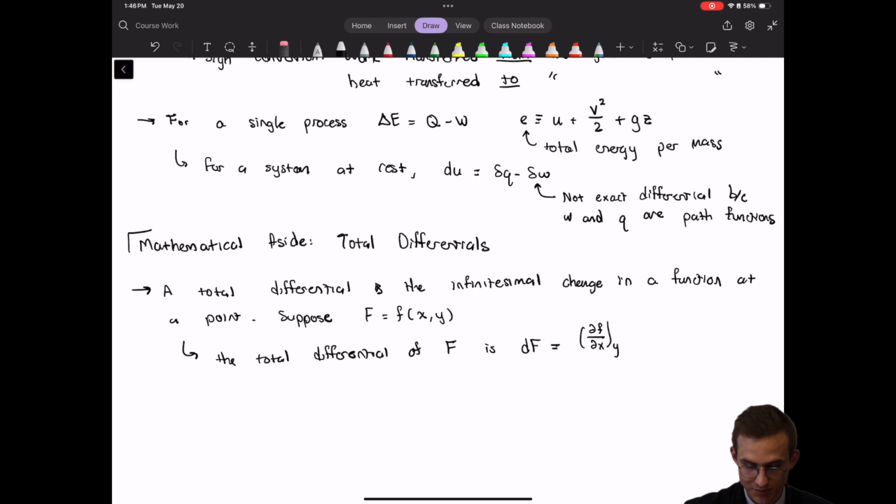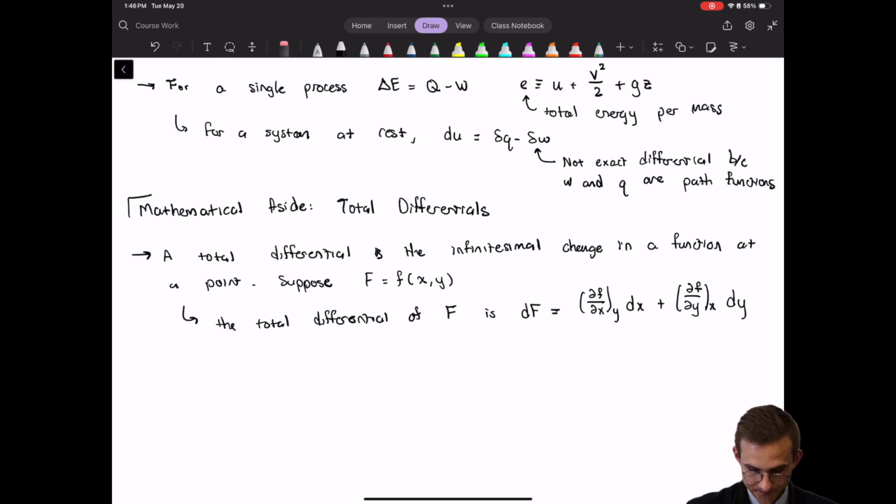That's what this notation means. The parentheses with the subscript are telling you precisely what's being held constant when you take that partial derivative, and then you multiply that by dx, the total differential of x, plus the partial derivative of f with respect to y, holding x constant, times dy. Okay, this notation of partial derivative you probably only would have seen if you were in an upper division physics class, but that's all it means. It's just a partial derivative, but you're specifying which variables are being held constant when you take that partial derivative.